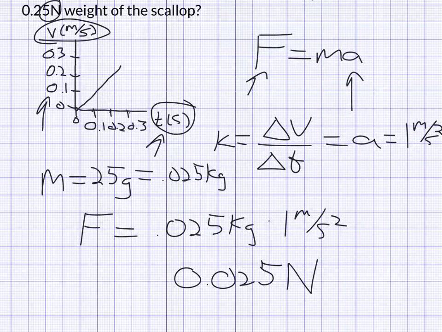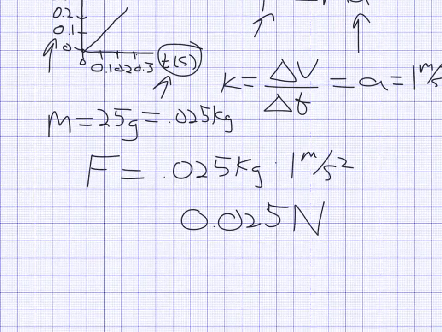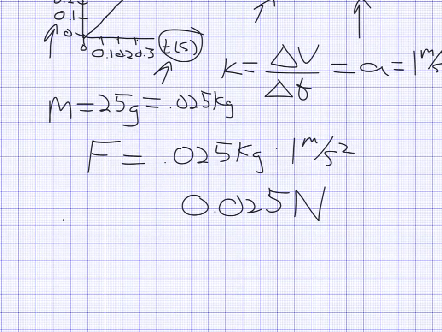Second question. How does this force compare to the 0.25 newton weight of the scallop? Well, if you want, go ahead and divide it, but you can see that's a pretty easy times 10 ratio.